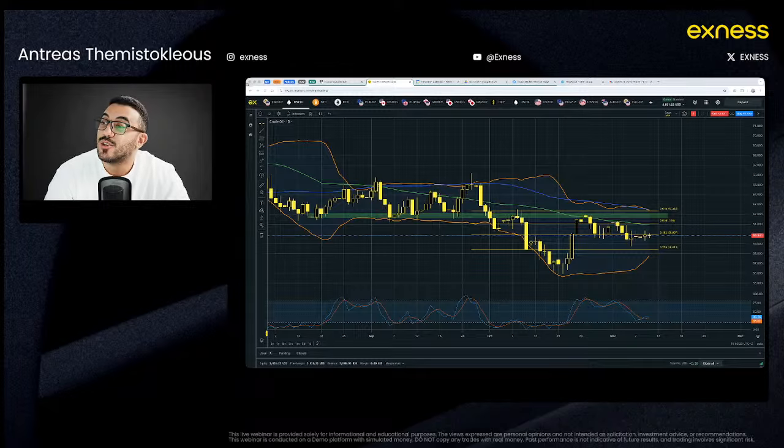What I wanted to mention here is that we still have the U.S. government shutdown ongoing. Yesterday we saw the Senate passing the deal to end the shutdown.